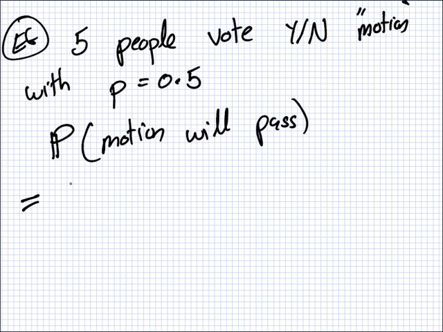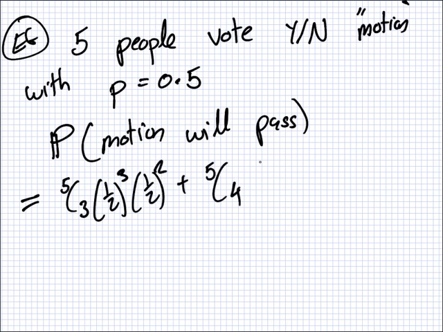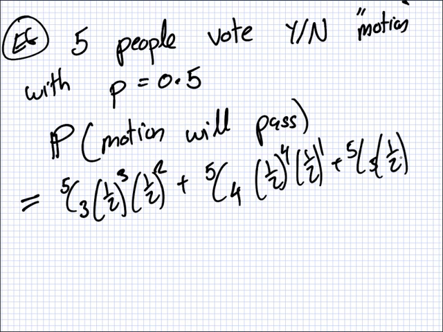So, the first one, 3 people, what would that be? 5C3, a half to the power 3, and then a half to the power 2. And then 4 people, 5C4, a half to the power 4, a half to the power 1, plus 5C5, a half to the power 5, a half to the power 0. But you actually realise all those are the same.